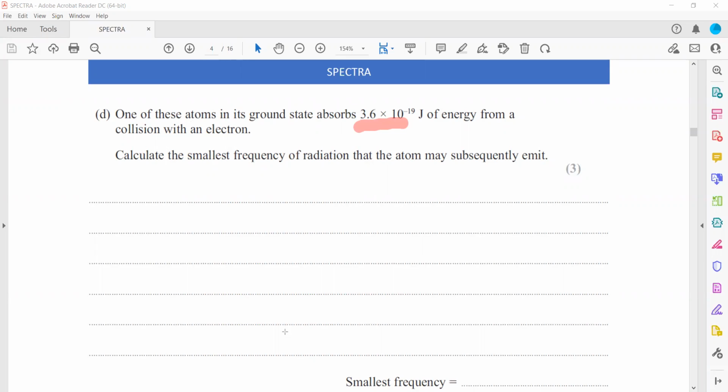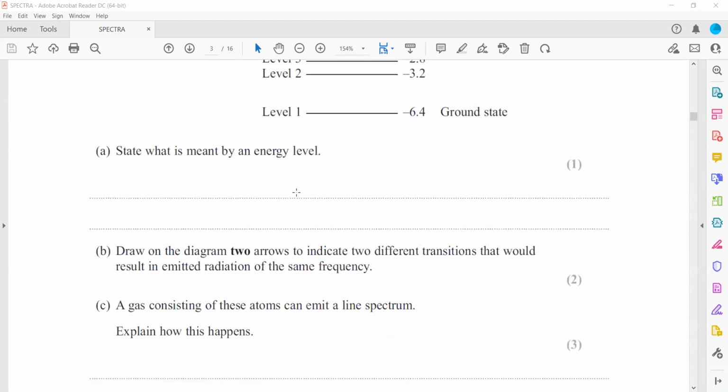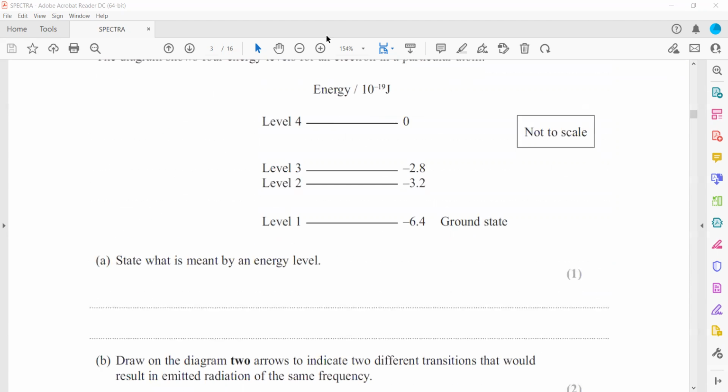So what is happening, like this is an atom, the shells are there, I will show on the figure. Like these are the shells, electron is there in the ground state. Normally we use a charged particle to collide with an atom, and that charged particle transfers its energy to the atom, and atom becomes excited or electron becomes excited.